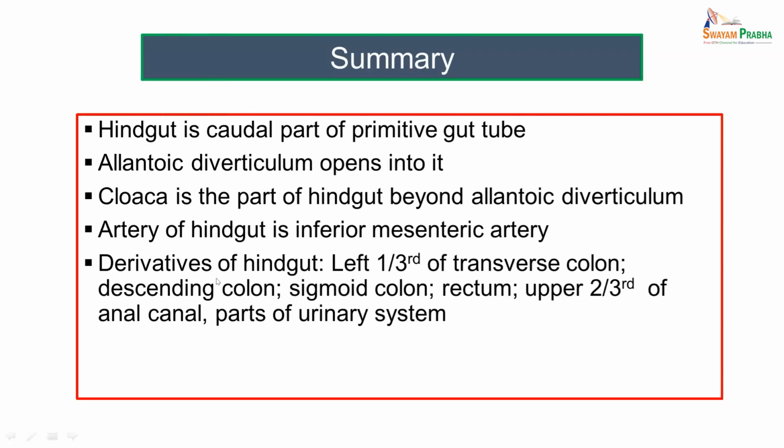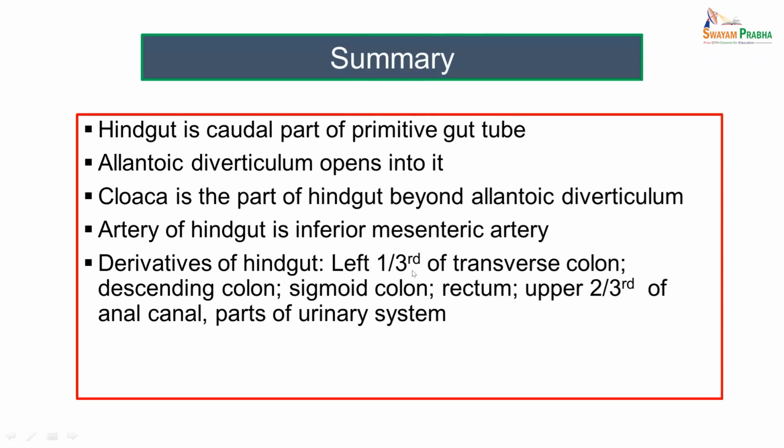The derivatives of hindgut are the left 1/3 of transverse colon, descending colon, sigmoid colon, rectum, upper 2/3 of anal canal, and parts of urinary system, that is lining epithelium of the urinary bladder and urethra.